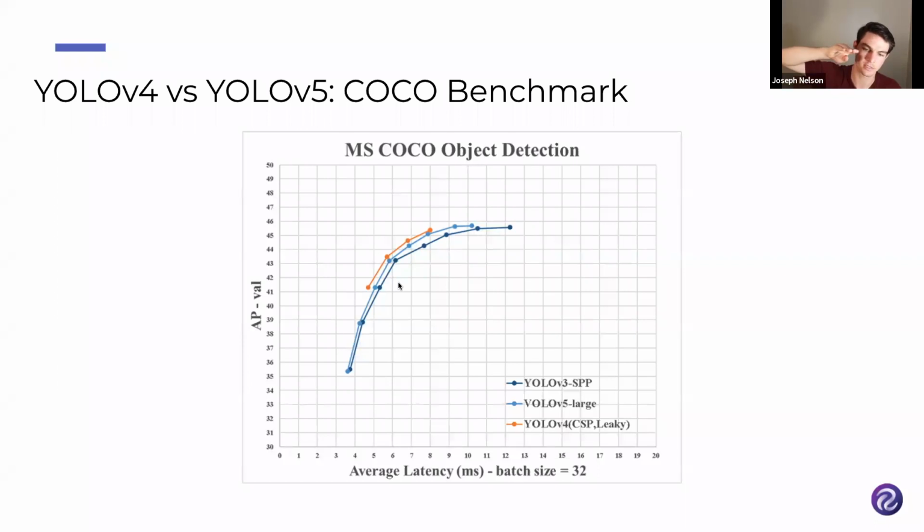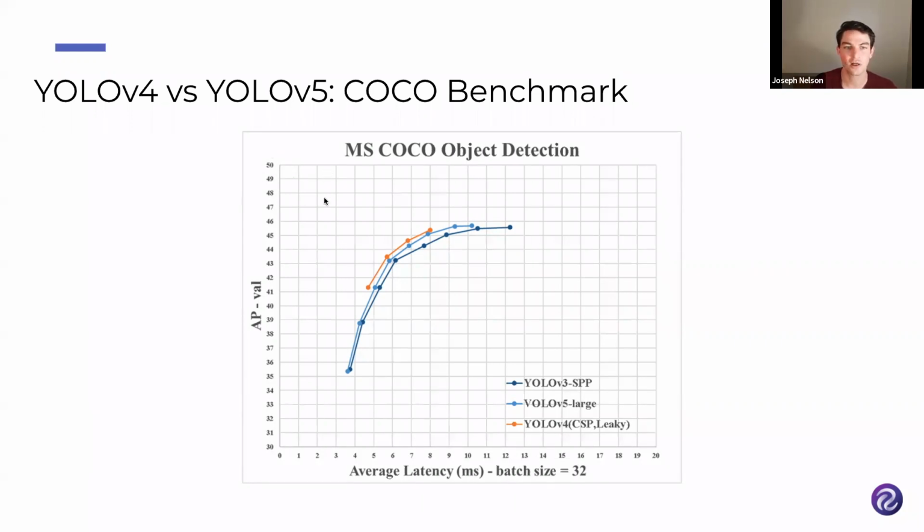We're measuring latency. So if you're further on the right, then you have an increased amount of latency, which means you're taking longer to process images. So an ideal model would be in the upper left-hand quadrant, where you have extremely high validation accuracy, mean average precision, and extremely low latency.